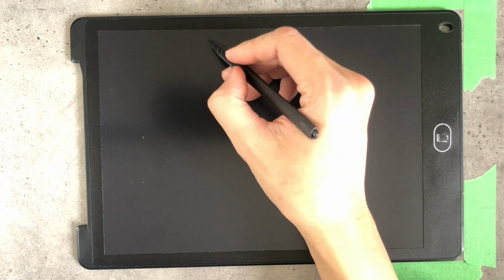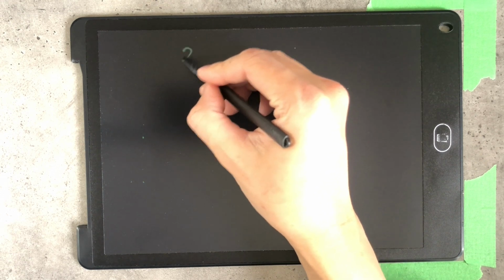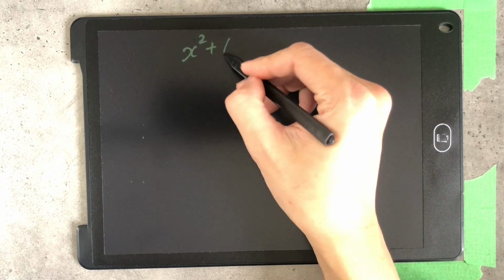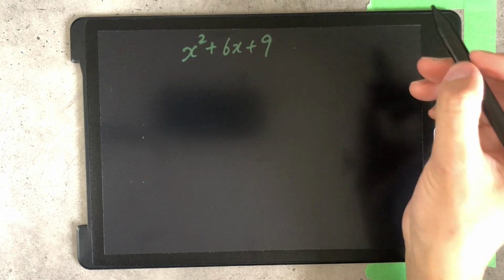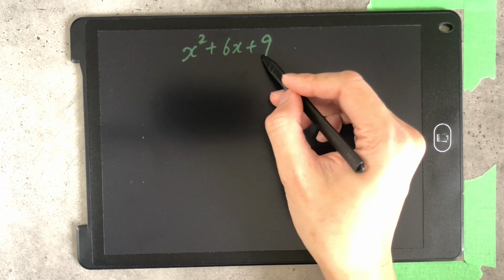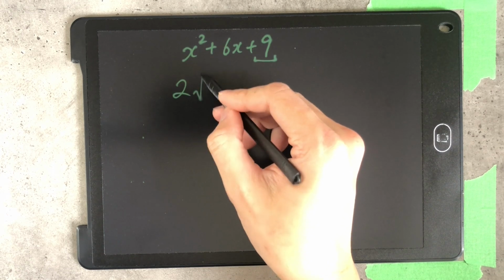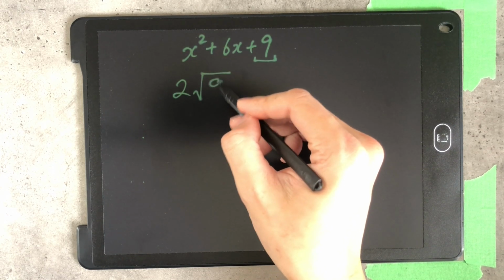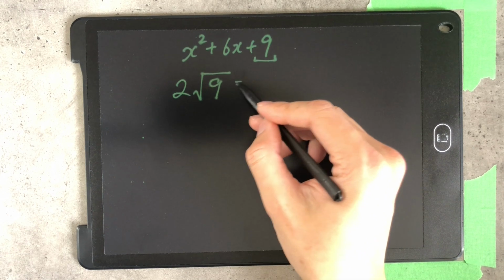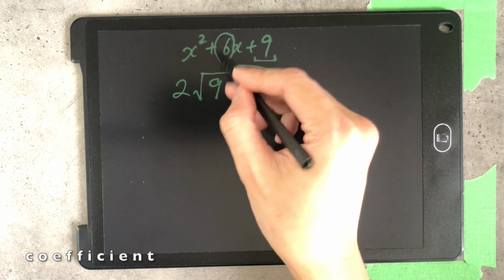Now the second rule is called perfect squares factorization. So we have x squared plus 6x plus 9. In this form, if you look at the constant, 2 times the square root of the last digit here is always equal to the constant here.